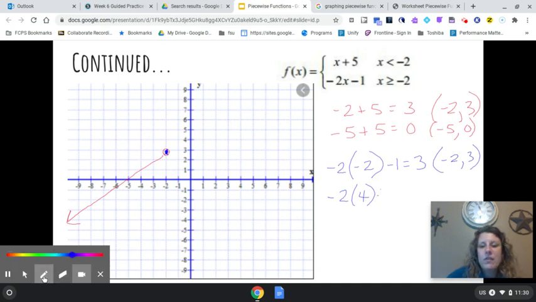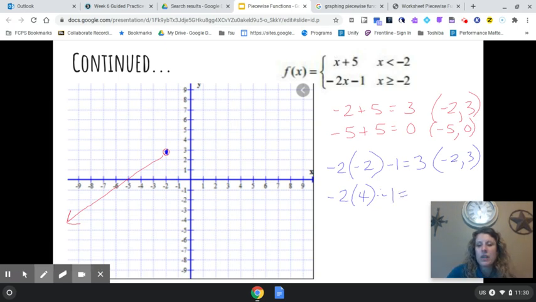If we do that math, -2 times 4 gives me -8, minus 1 gives me -9. Good thing I didn't pick anything greater than 4 because I would be off the graph. So my x value was 4, and we got -9 out.